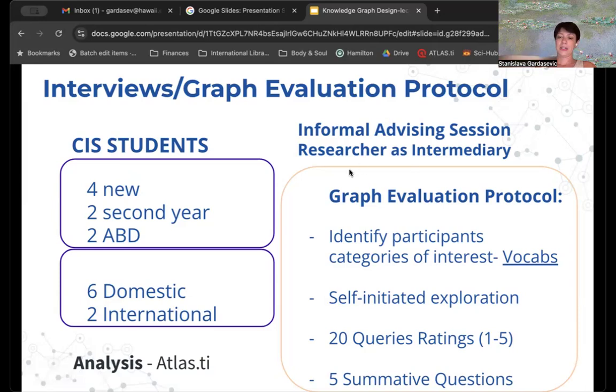In this stage, I created this graph evaluation protocol to identify first what is the interest of that particular student, in order to informally advise them for their future steps, especially for these 4 new and 2 second-year students.